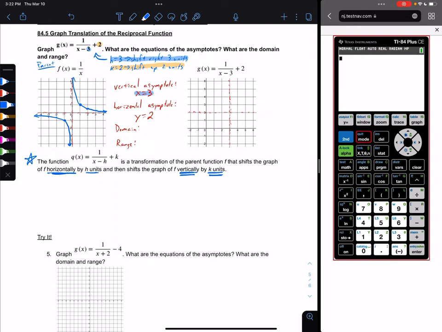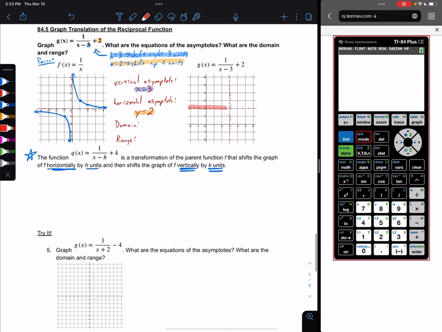That was a shift right 3 units, so x equals 3. And the y value is your k value, which was a vertical shift up 2 units. So x is h and y is k. The two asymptotes are here if you can't see them as clearly. But remember, they're not part of the graph, so we're just going to use some dotted lines there.